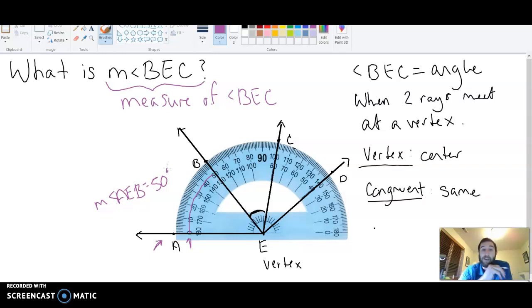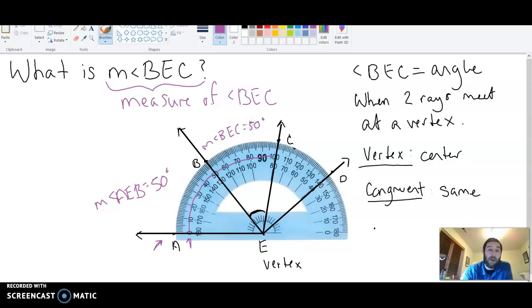We could do the same thing from the 50 to 100, and with some mental math, we can tell that that's also 50 degrees. And so the measure of angle BEC is also 50 degrees.